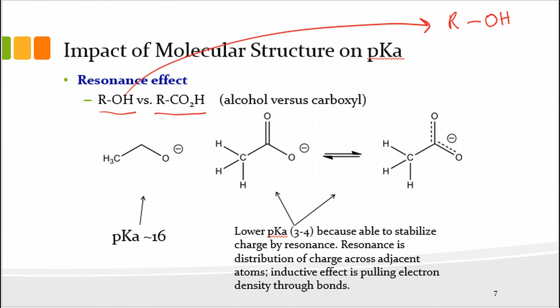And a carboxylic acid has the structure like that, and that is your carboxyl group right there. All right. So we're comparing the acidity of these two protons, one on an alcohol and one on a carboxylic acid.